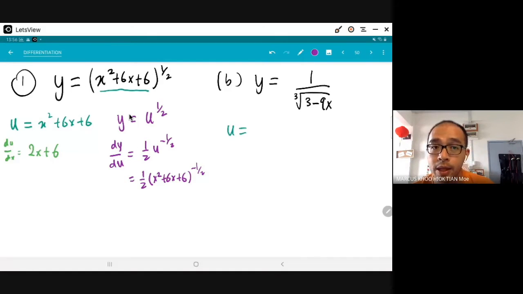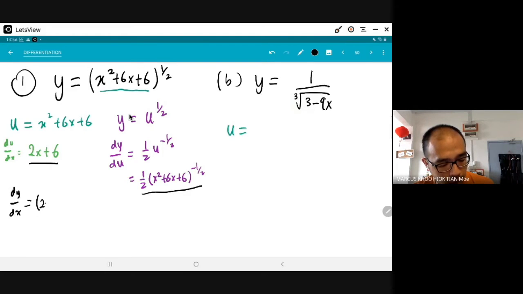Okay, you can leave it at that at first lah. No problem. But at the end of the day, kamu mau kira dy dx. So dy dx is the green color times the purple color. Everything just times in. So I'm going to take the green color, 2x plus 6, and then times half times x squared plus 6x plus 6 to the power of negative half.